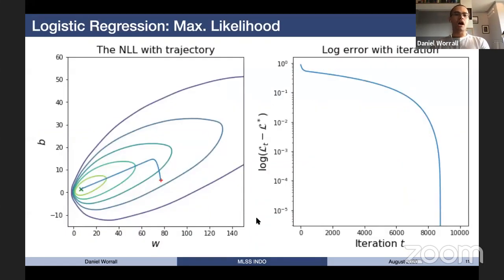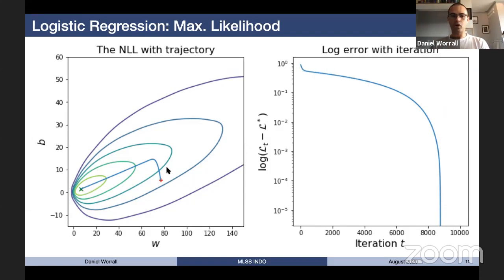Okay, so this is an example with this loss function that we had before, this negative log likelihood. It's negative because we're minimizing. So minimizing the negative log likelihood is the same as maximizing the log likelihood. Again, maximization, minimization, the same, but with a sign flip. So we started here, we want to get here, we run this algorithm, and we go down like this.